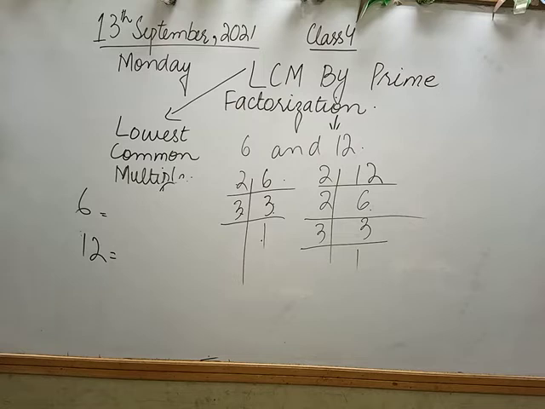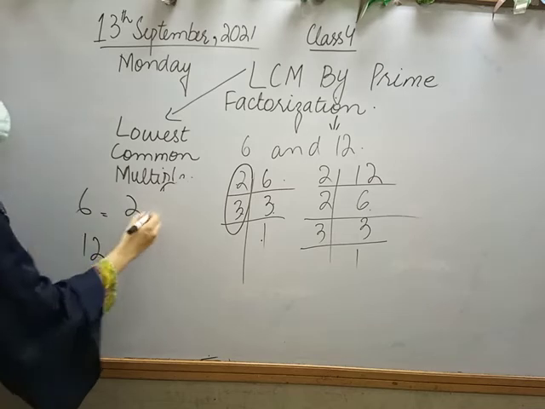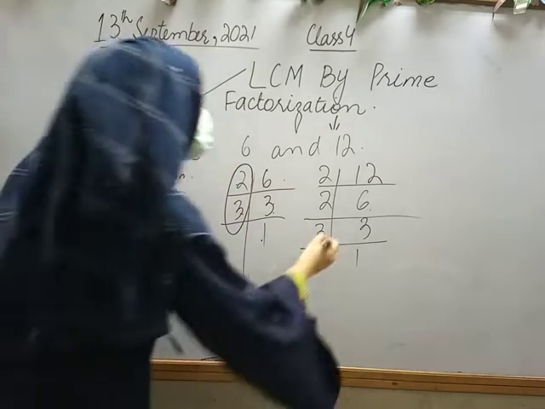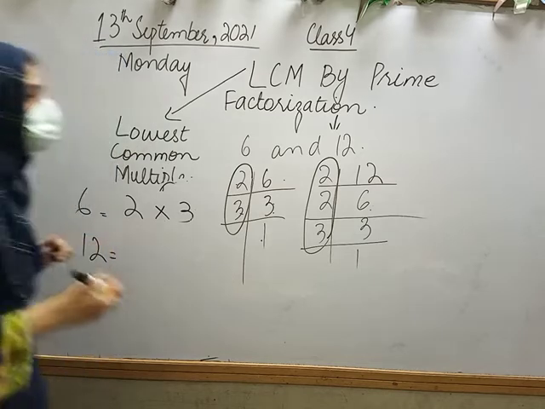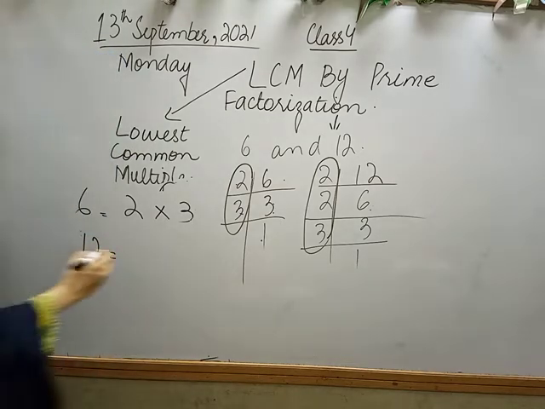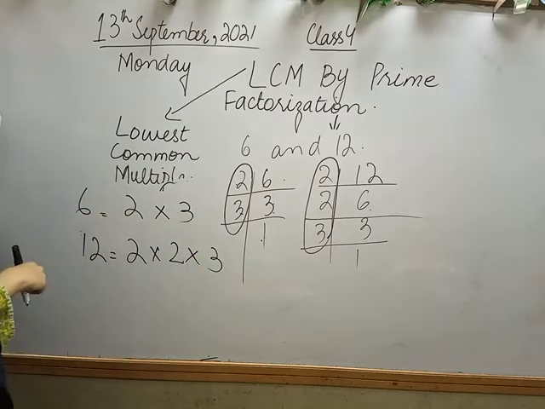Fine. Now in the next step we will write both the numbers, 6 and 12. I will write the multiplication of common factors like this, 2 into 3. And the factors of number 12 are 2 multiplied by 2 then multiplied by 3. Now class, if you remember, we have done the same criteria for HCF.